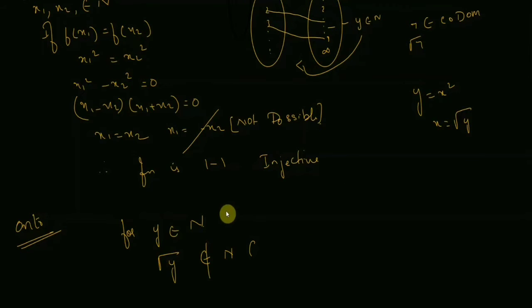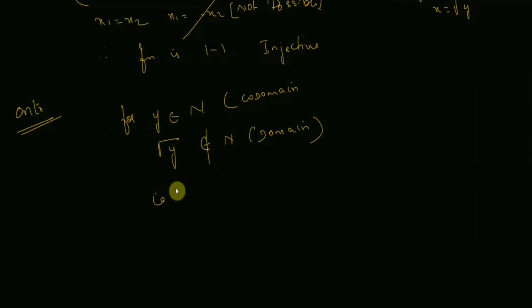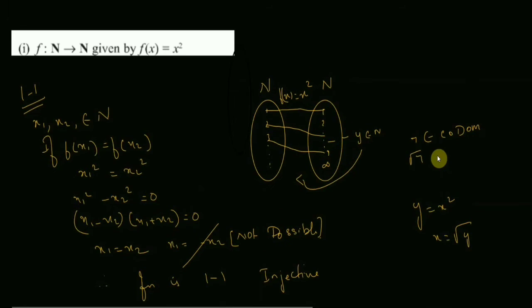For every y in N from the codomain, root y doesn't belong to N in the domain, so it has no pre-image. That means some elements, not all the elements. For example, if you take 9, its pre-image is there.